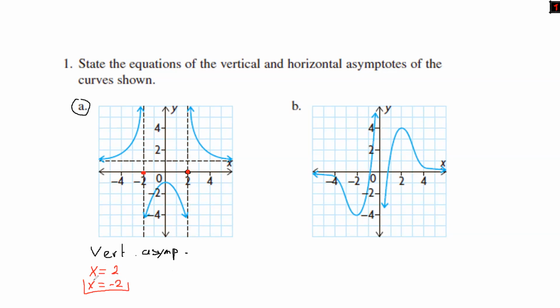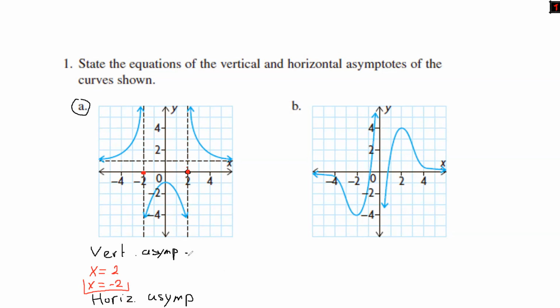Because remember, how would you plot this graph? x equals 2, just going to be a vertical middle line, right? And what about horizontal asymptotes? You can say, just like you said, y equals 1. Exactly.